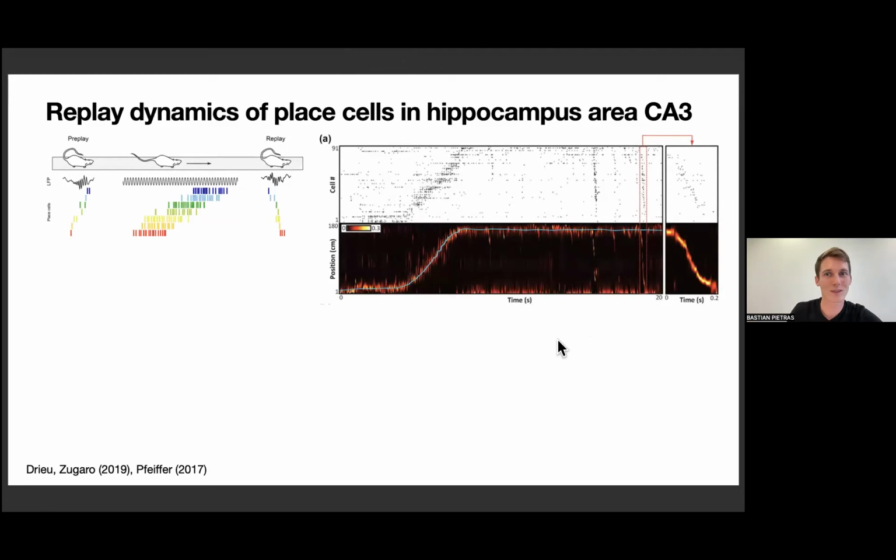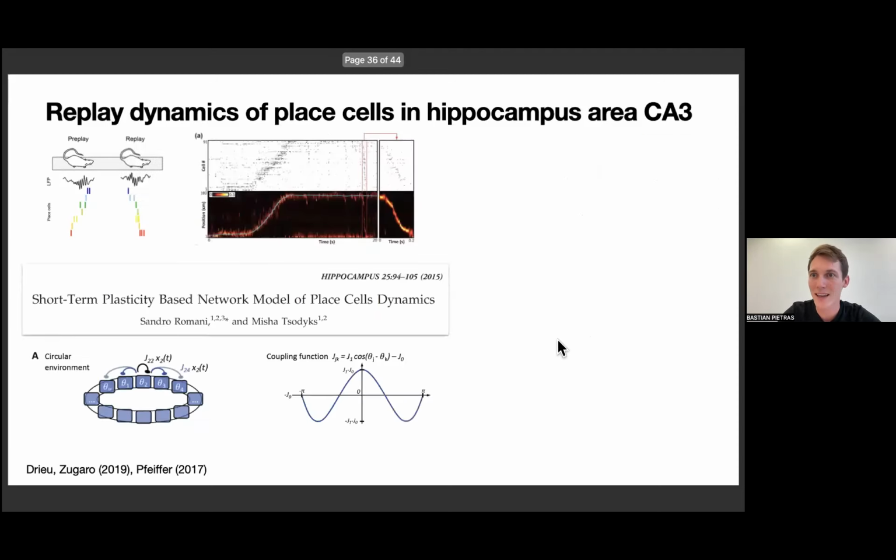But to model that, it's better to look at hippocampus area 3, because there we know that we have some sort of recurrent connectivity, so that we can store an environment in the coupling of different neurons or different populations within the circuit.